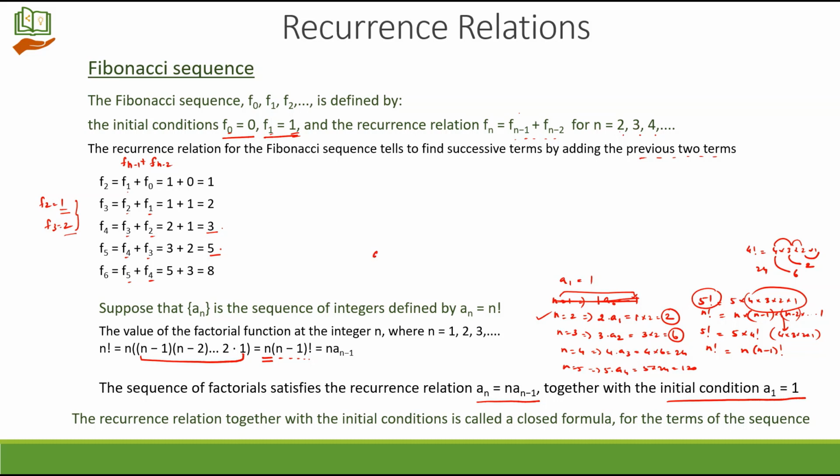When you have an is equal to n into an minus 1 and the initial condition a1 is equal to 1, this recurrence relation along with the initial condition is called a closed formula for the terms of the sequence. They are together called the closed formula. So next time when there is a problem where they ask for a closed formula, it means based on the sequence you have to find a recurrence relation and an initial condition for that relation to be computed.